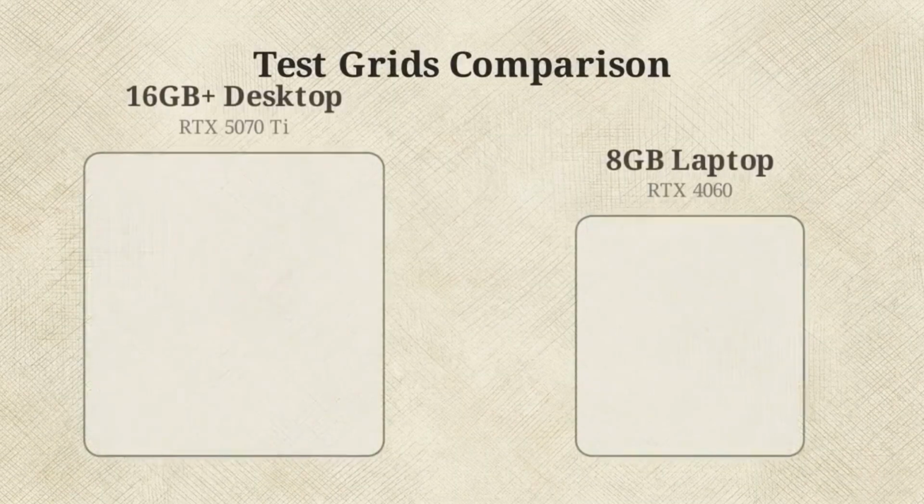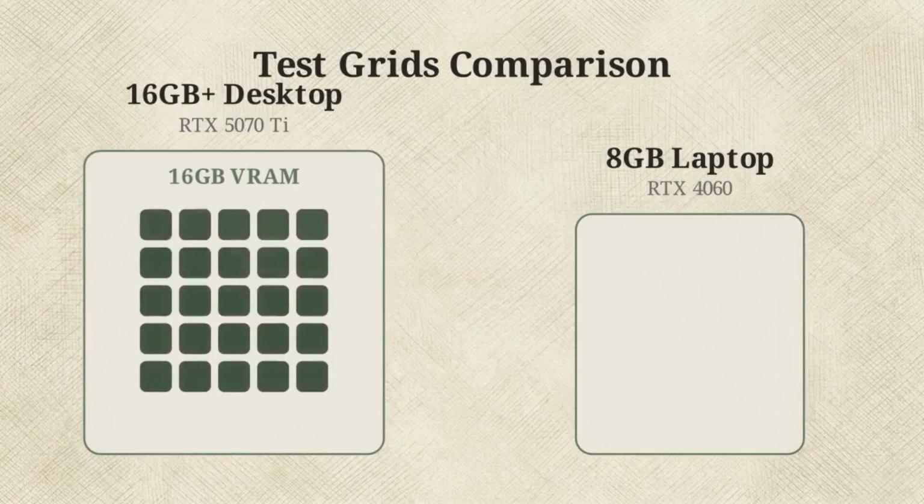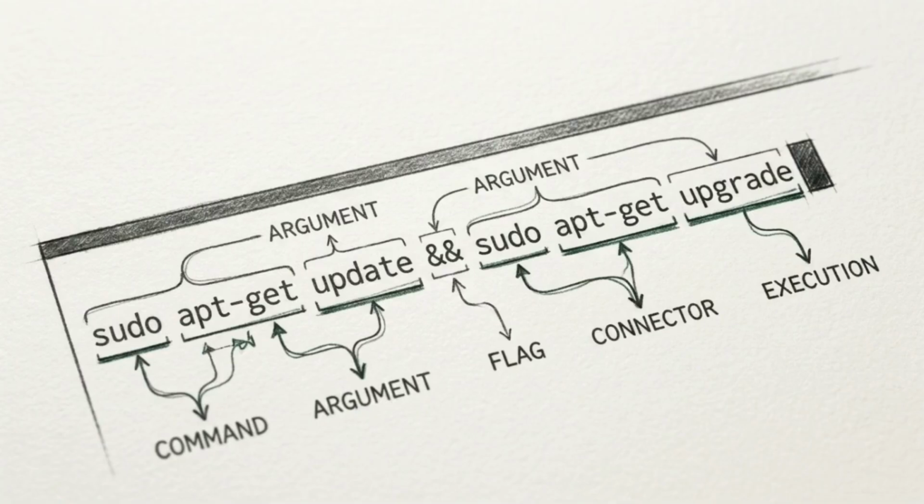This visual compares our two test grids. With a 16 GB RTX 5070 Ti desktop card, you can generate a massive 5000 by 5000 matrix. For an 8 GB RTX 4060 laptop, we scaled that down to a 3000 by 3000 matrix to avoid running out of memory.